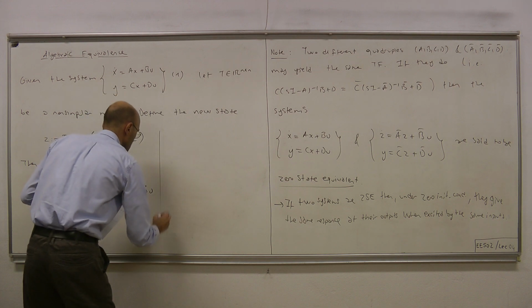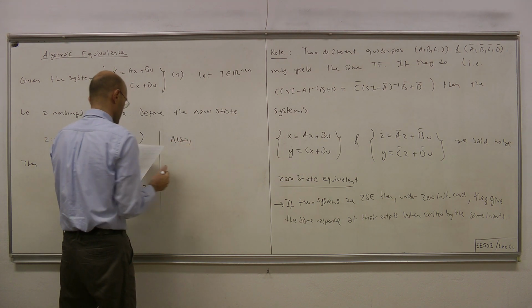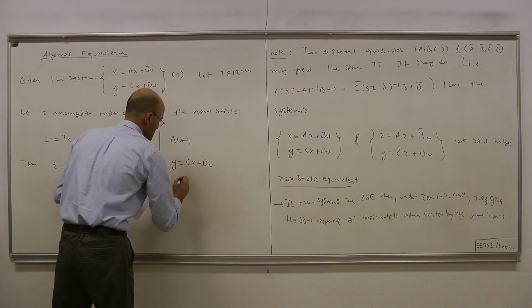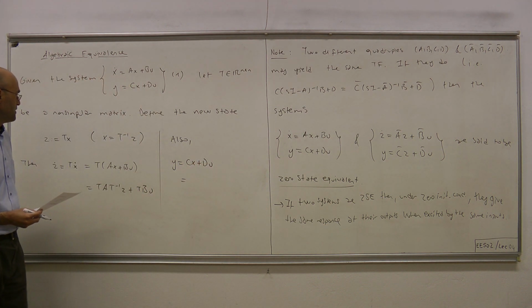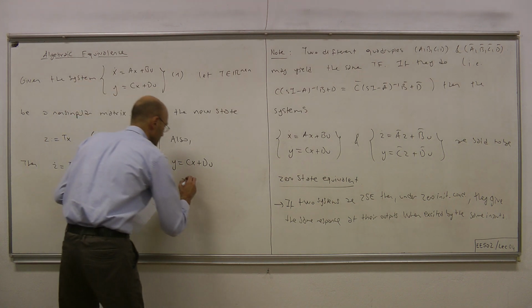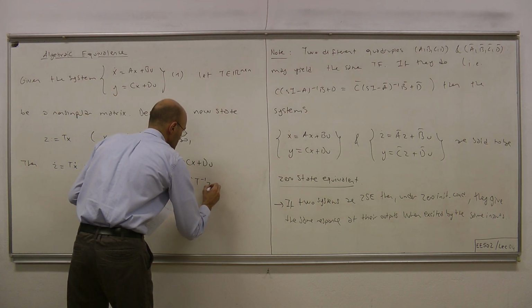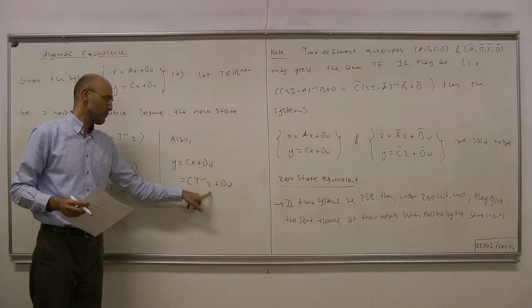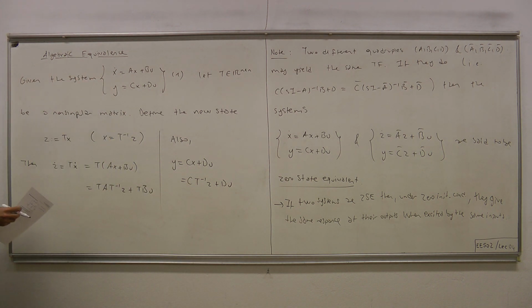What else? Also, y equals Cx plus Du. x is T inverse Z, so we can write C T inverse Z plus Du. So that's the expression for the output in terms of the new state and the input.